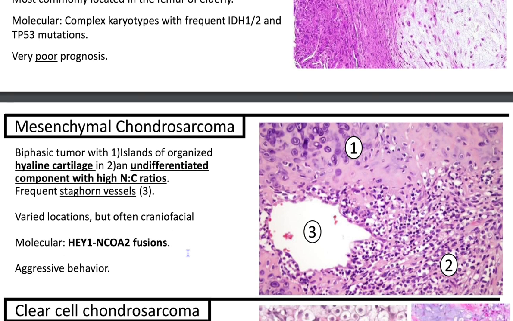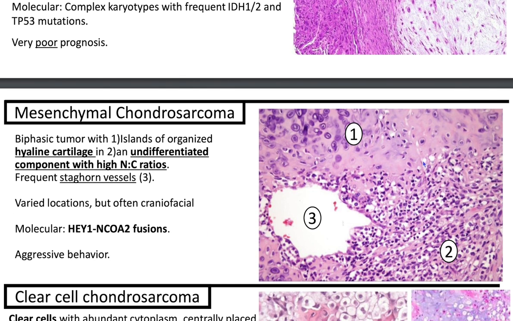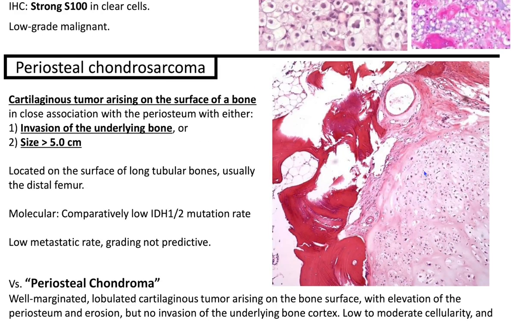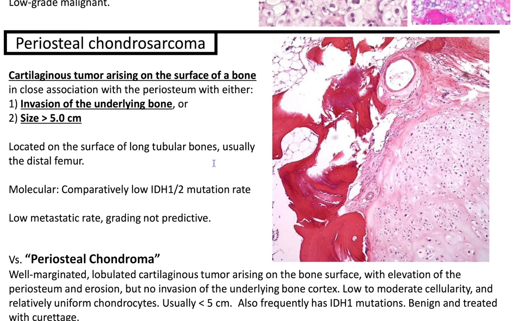Dedifferentiated chondrosarcoma, mesenchymal chondrosarcoma, biphasic, has that HEY1::NCOA2, clear cell chondrosarcoma, periosteal chondrosarcoma, which will either invade the underlying bone or be greater than 5 centimeters.